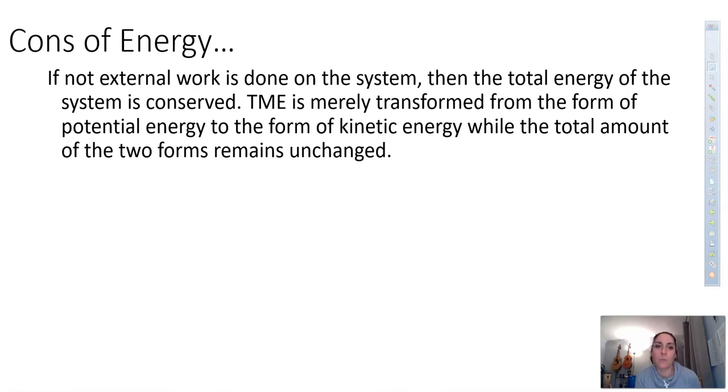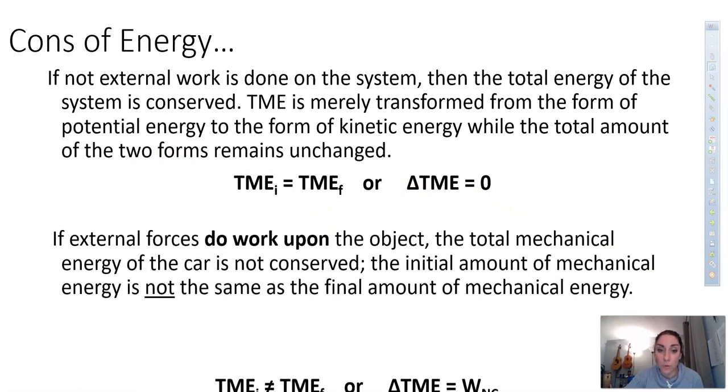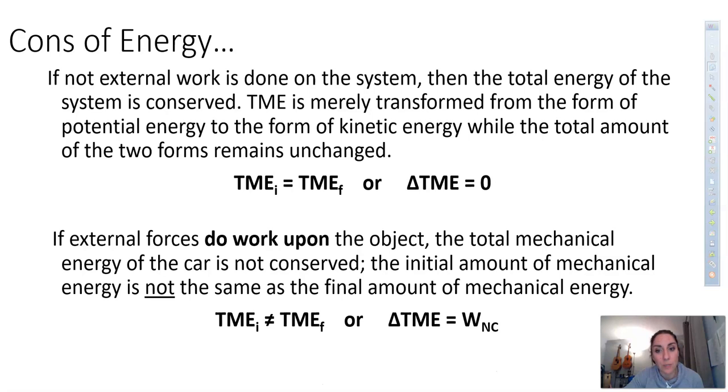TME is merely transferred from one form to another, and the two forms remain unchanged. So that's just a big way to say the initial is equal to the final. We could write this mathematically as the following. The total mechanical energy initial equals the final. Or if you find the change, there shouldn't be one because those numbers are the same. But if there is work, then they don't equal each other.